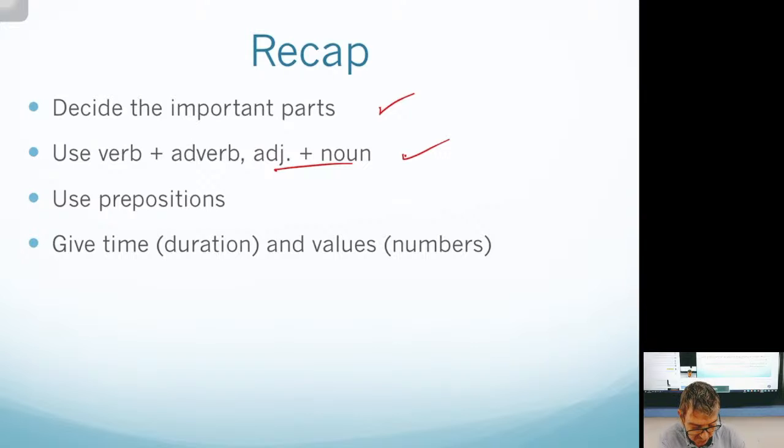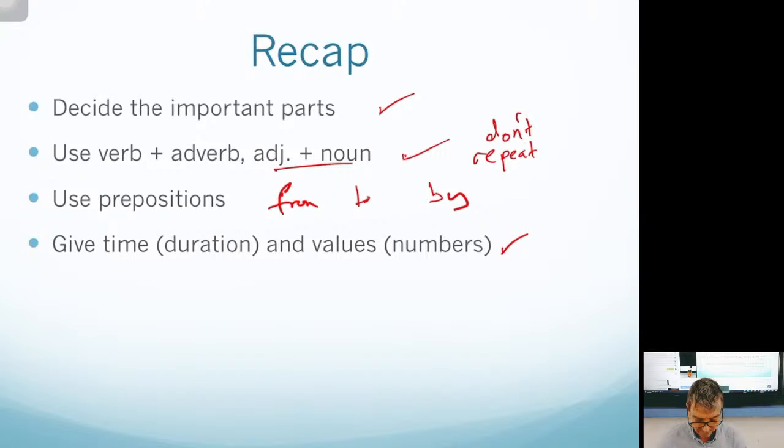So really that stops you from repeating the same thing, like you are able to use different words instead of just the same verb and adverb. Use prepositions like from and to, by, that type of thing, just so you give an understanding of values and an understanding of the time, duration, and the period of time that it is taking place over. And then also give those as well.